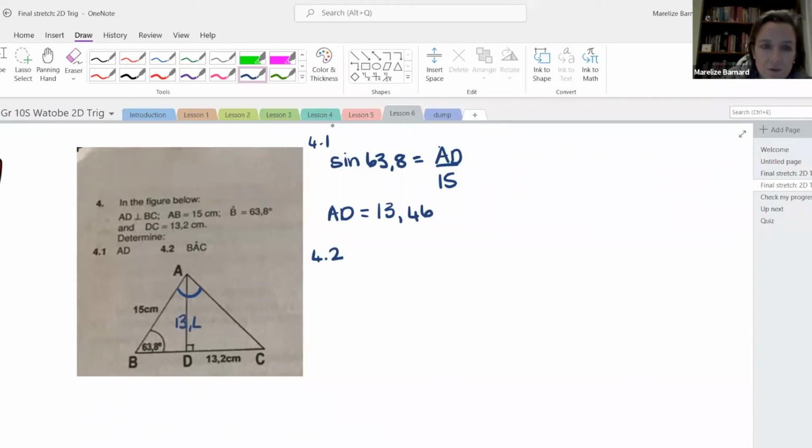That is 13,46. Okay, but what do you want to calculate using those two sides? We want to calculate the angle, so we're going to say shift tan, 16.72 over 13 point... No, hold on. I'm wrong. Sorry.